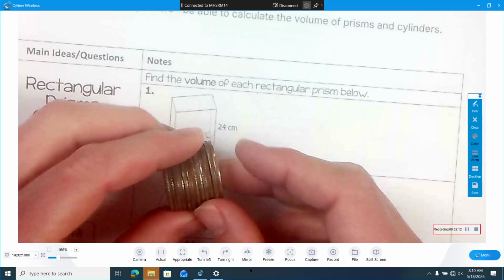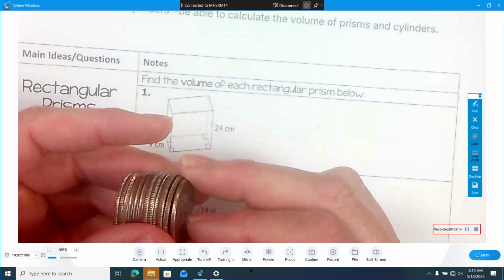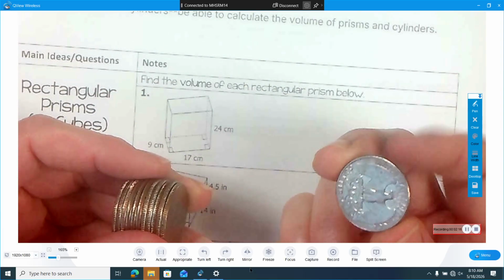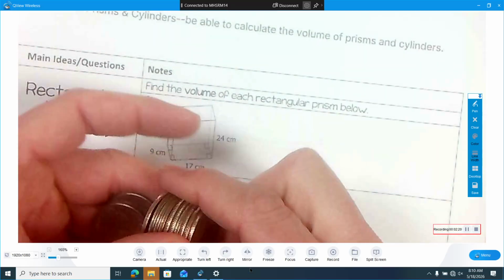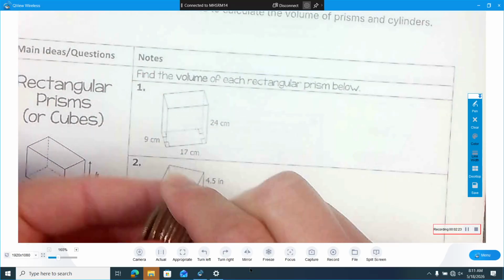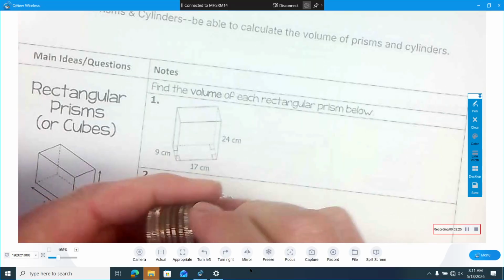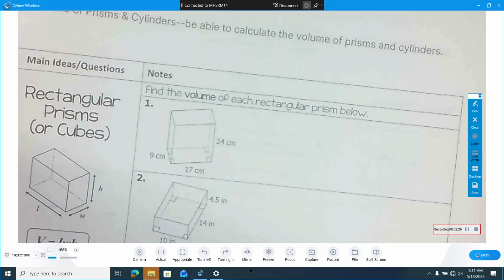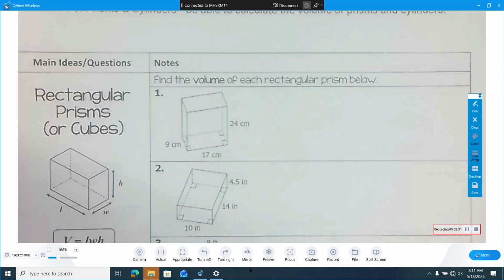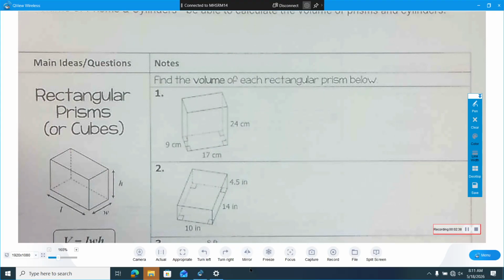To figure out the volume of something, all we need to do is know the area of the base and then multiply it by how many there are, or the height, in other words. That is how we find out the volume of any prism or cylinder. If we know the base, we find the area of the base, and then multiply it by how tall it is, and that gives us the volume.